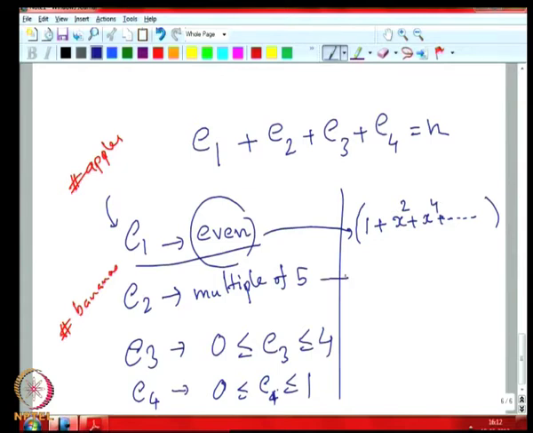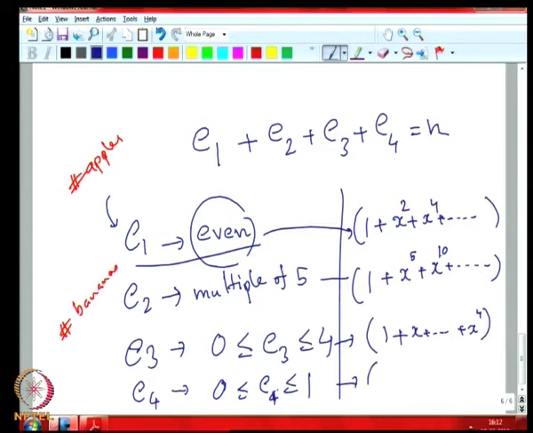E2 is a multiple of 5, that is 1 plus x raised to 5 plus x raised to 10 and so on, where the 1 corresponds to x raised to 0, because only multiples of 5 are allowed here. This is easy, this is between 0 and 4, that is 1 plus x plus up to x raised to 4, and this is even easier, this is 1 plus x, because 0 corresponds to 1 and 1 corresponds to x.